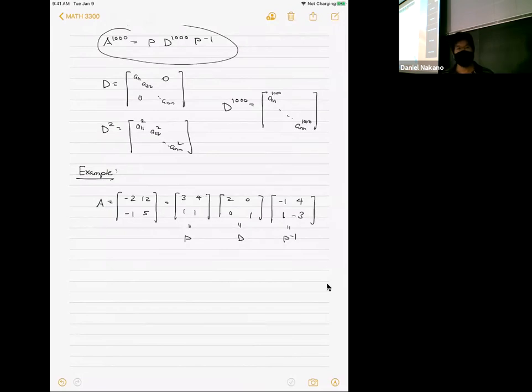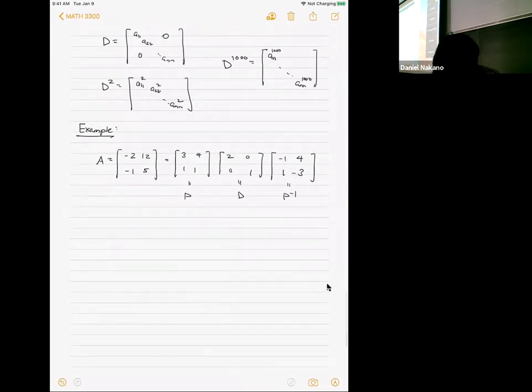All right. Okay, so I have this decomposition. Really nice. Okay, so let's take A to the 1000. If I want to compute A to the 1000th power, I don't want to multiply out [-2, 12; -1, 5] 1000 times, right? So this is going to be P, and as we've seen before, you just raise all the powers to the 1000.